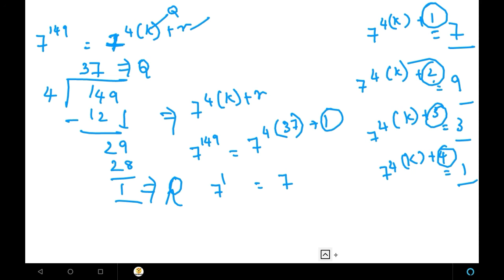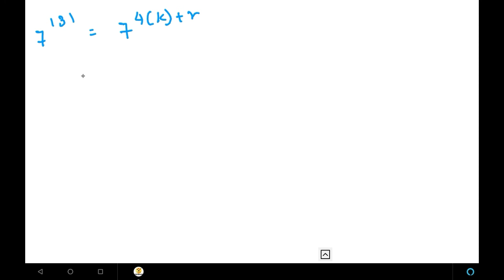So let me explain with another example: 7 power 131. We write it in the form of 7 power 4 into k plus the remainder. Then I have to divide the exponent by 4, because the quotient is multiplied with 4.